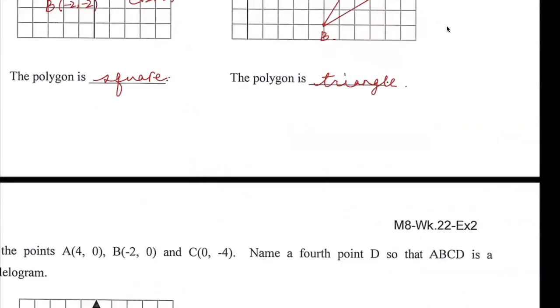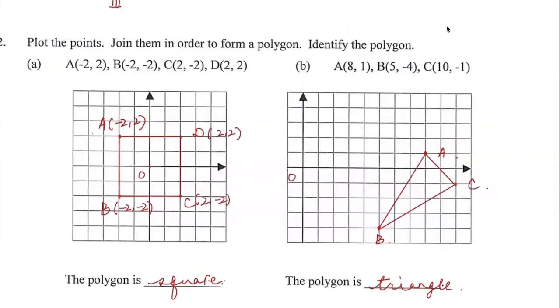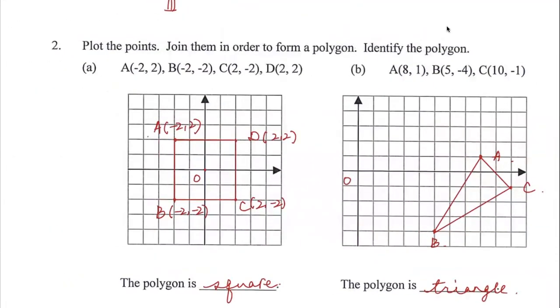Okay, so question number 2 basically tests our skills of plotting the points. We need to know how to read the coordinates and how to accurately find the points in the coordinate plane.